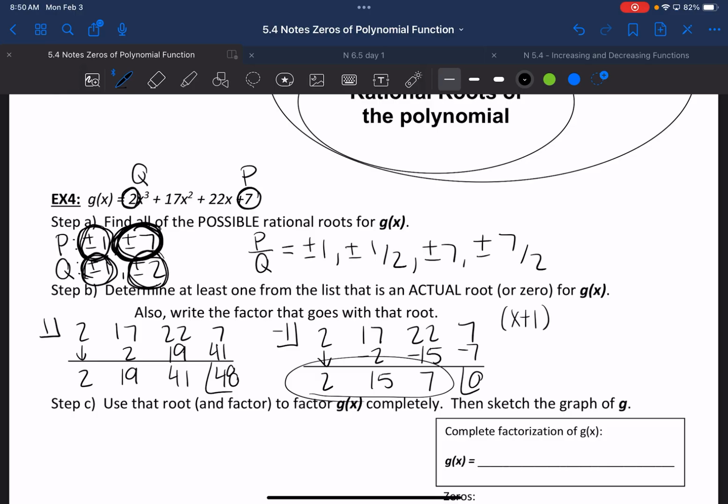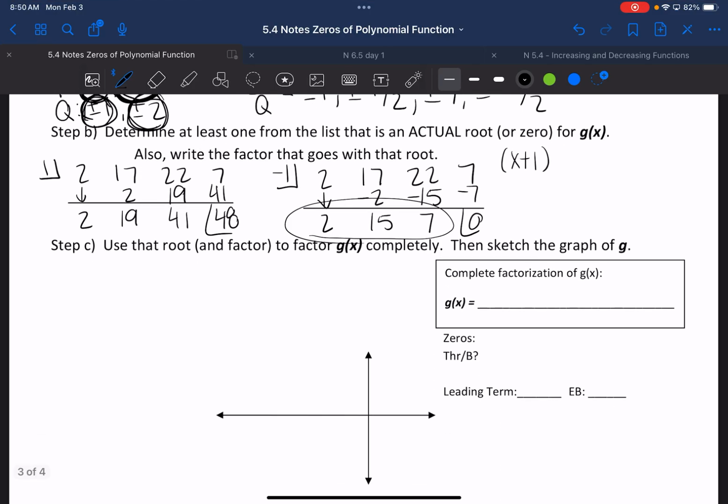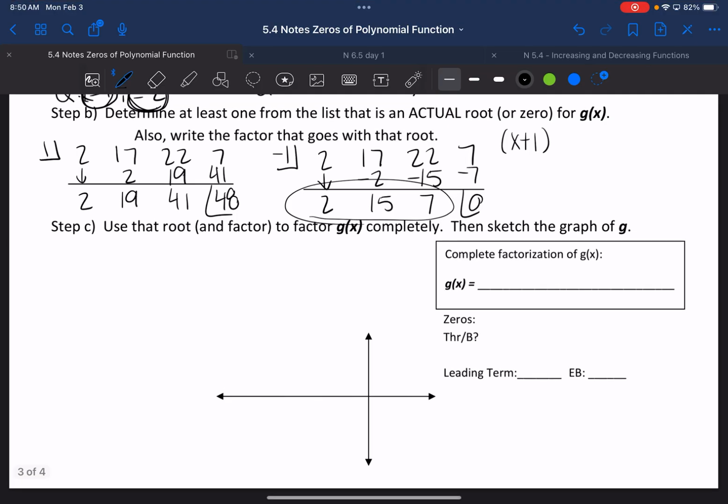And then it says in the section below that we need to use that one root that we came up with up here, which was x plus 1, and see if we can complete the factorization. Can we factor it all the way? Well, we just said this is what it became, right? 2x squared plus 15x plus 7 is what we got when we divided. What do you guys think? Can I factor that?